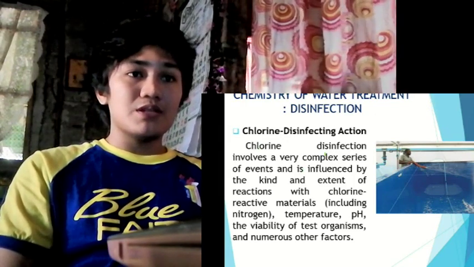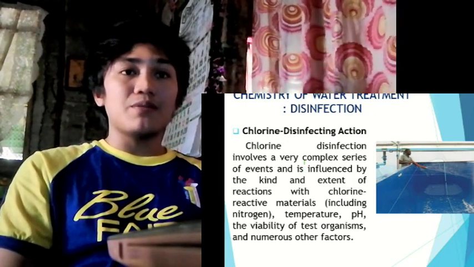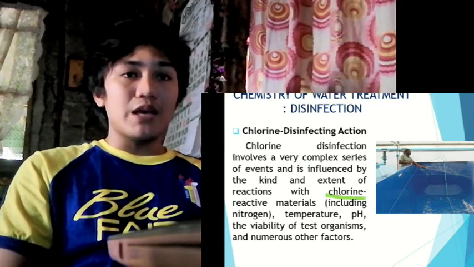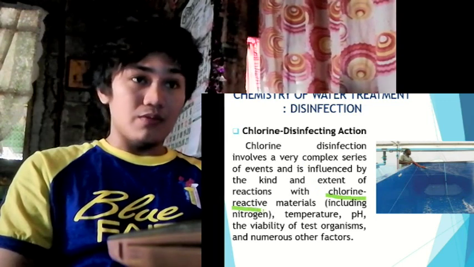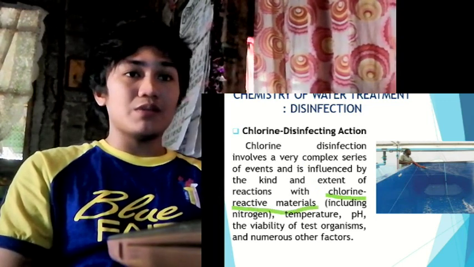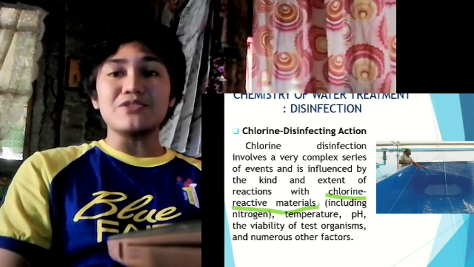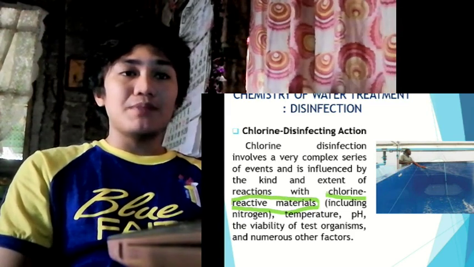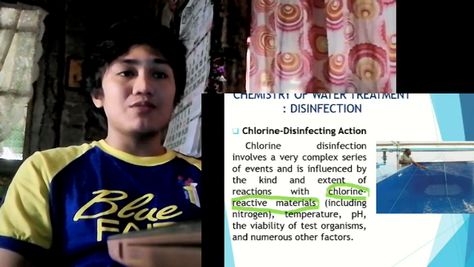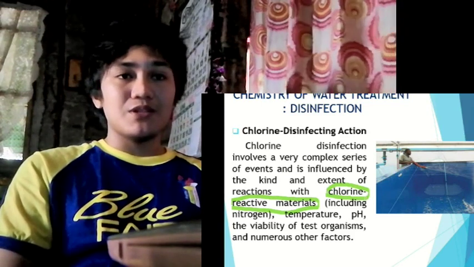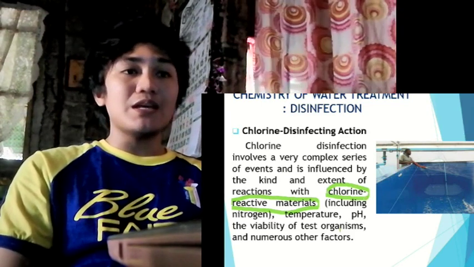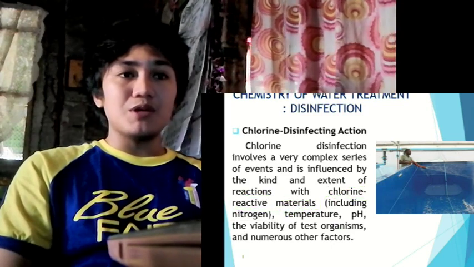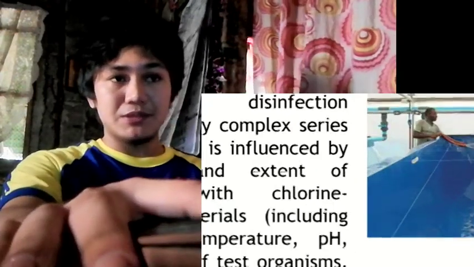Chlorine disinfection involves a very complex series of events and is influenced by the kind of and extent of reaction with the chlorine reactive materials, including nitrogen, temperature, pH, the variability of test organisms, and numerous other factors. Such factors greatly complicate attempts to determine the precise mode of action of chlorine on bacteria and other microorganisms.